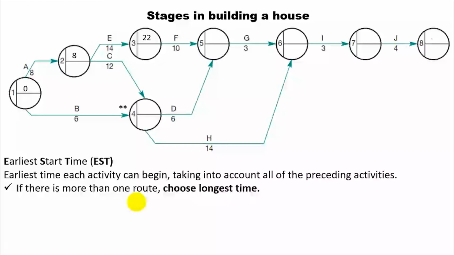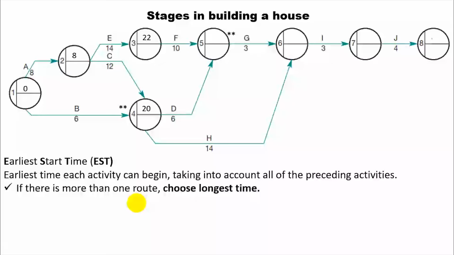Now the challenge comes for node 4 because there are two routes that come into node 4. In this case, we choose the longest time. 8 plus 12 is 20, or 0 plus 6, which is 6. So we choose the longest, which is 20, and we put down 20 as the EST.